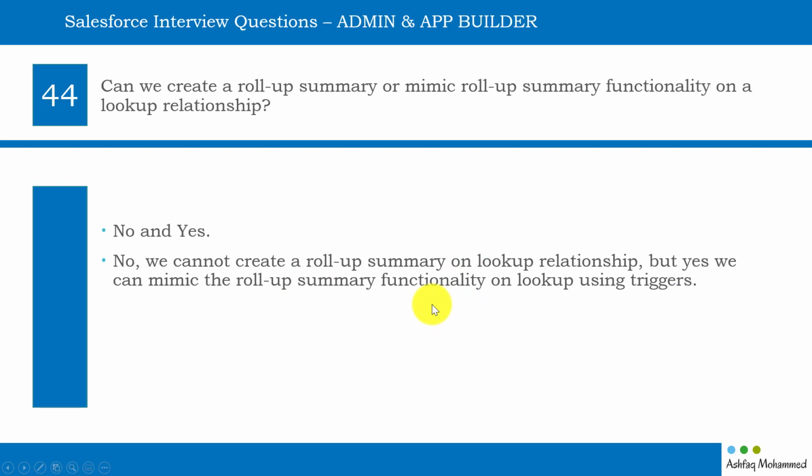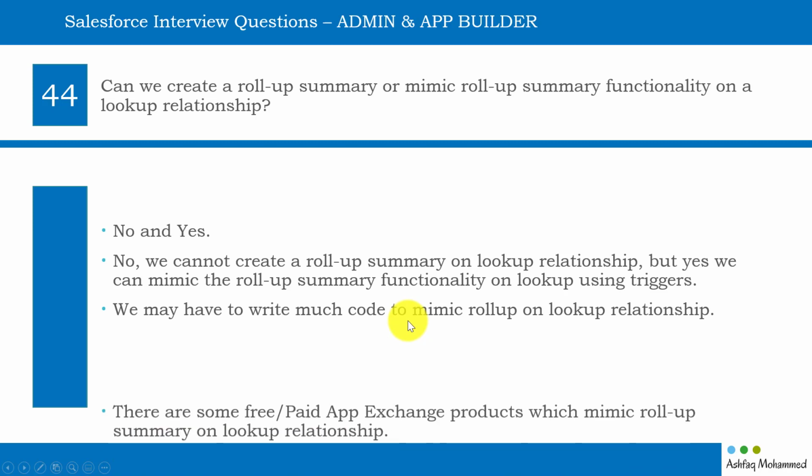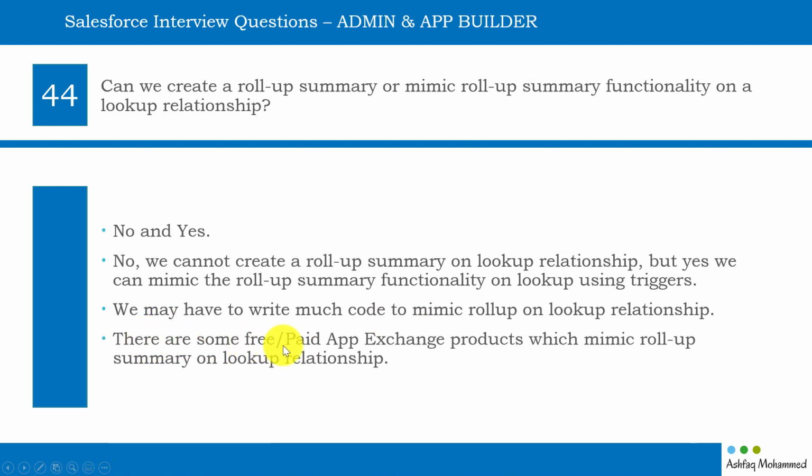We may have to write a lot of code to mimic roll-up, right? So always prefer config rather than code. So try to avoid this one. But if you still got this requirement, a hard and fast requirement, and you are not able to push back, then what you can do is go ahead, as there are a few free or paid AppExchange products which mimic the roll-up summary on lookup relationship.